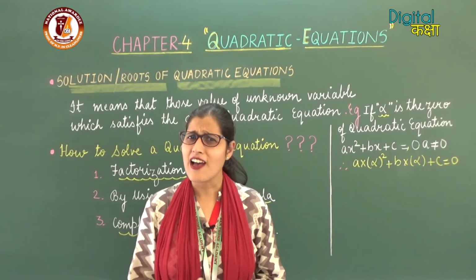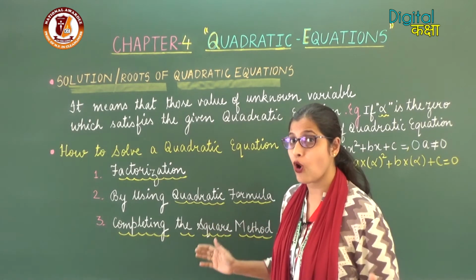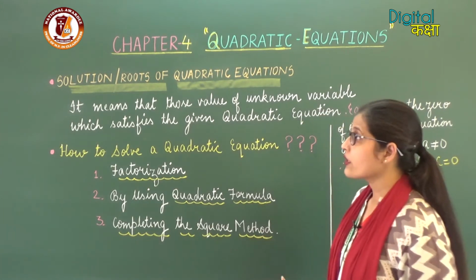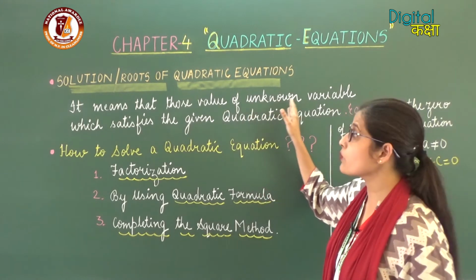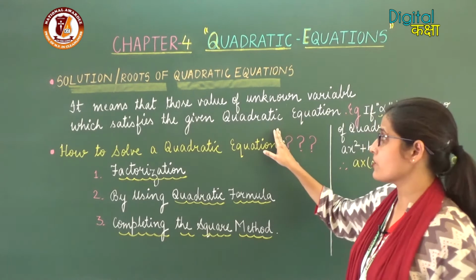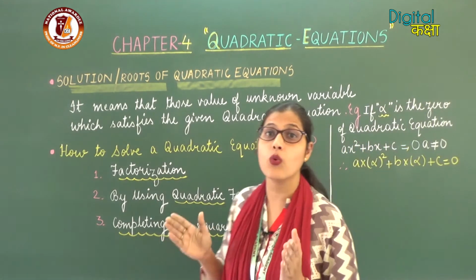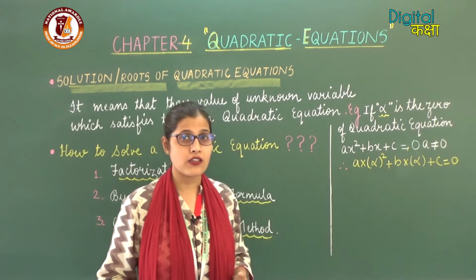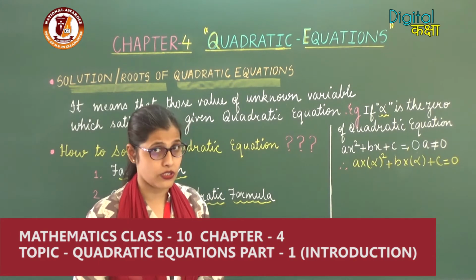Now, let us understand the meaning of solution of a quadratic equation. It means that those values of the unknown variable which satisfy the given equation are called the solutions of the quadratic equation. Suppose alpha is the root or solution of the quadratic equation.